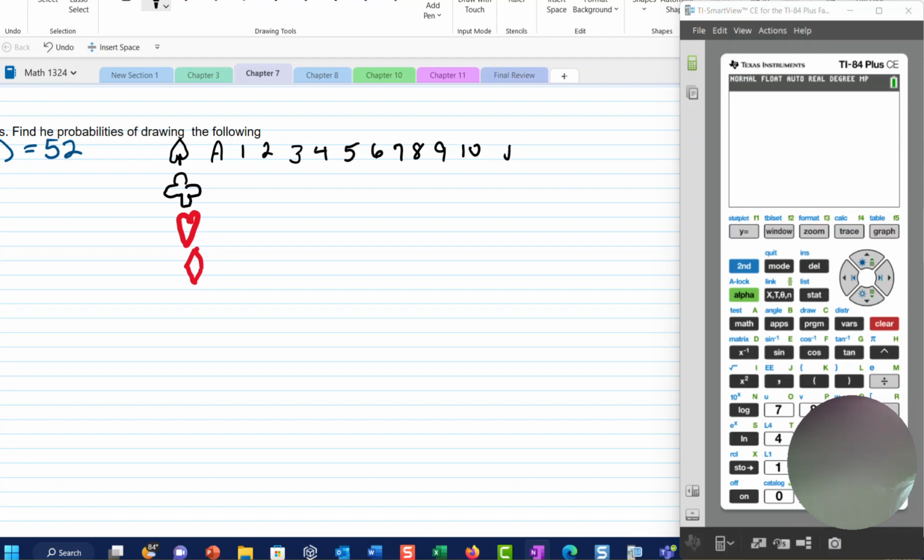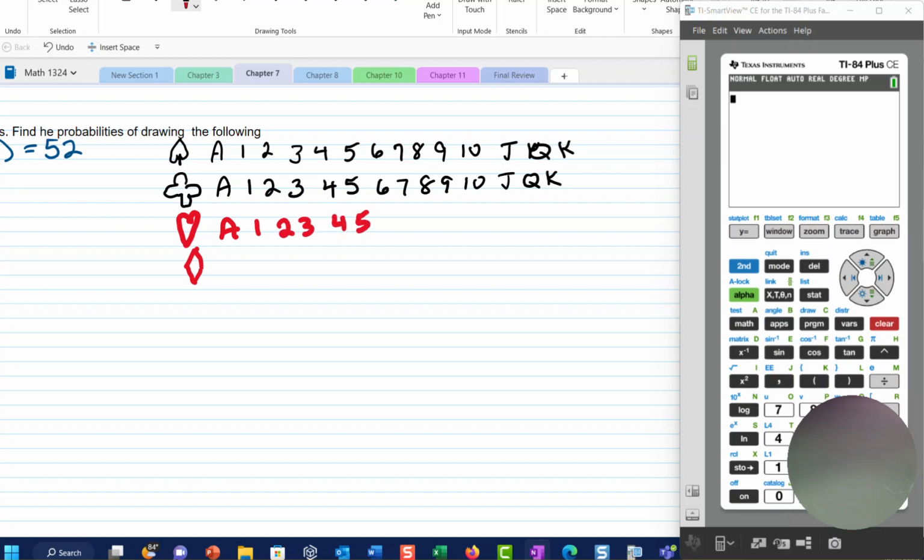Then we have a jack, queen, and king. All right. In clubs, we have the same thing. I could have had a picture, but this is hopefully better for you. On the reds, we'd have an ace, a 1, the same thing. Diamonds, I'd have the same.